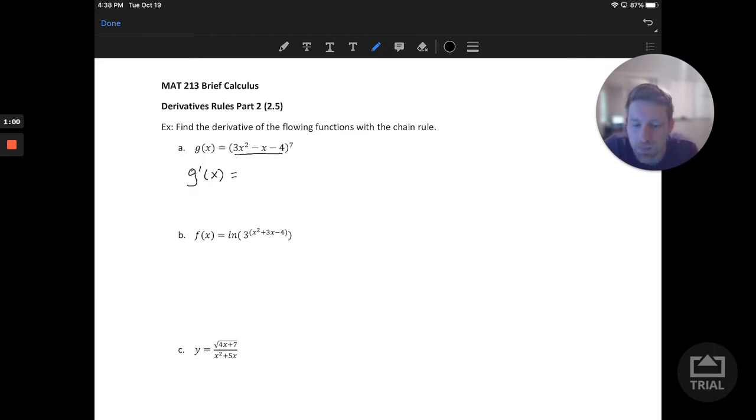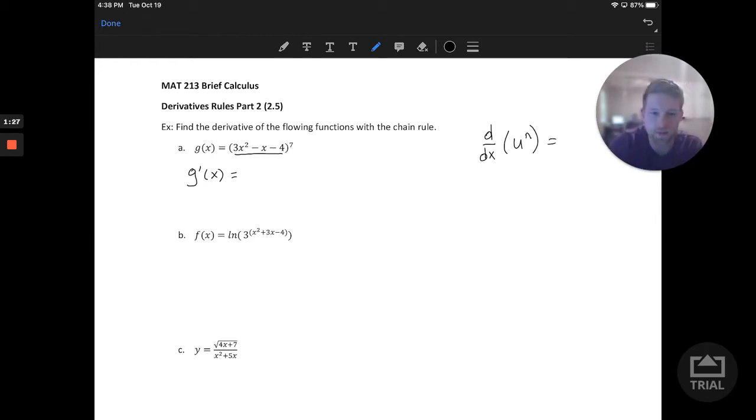So one way we can apply the chain rule is just by considering the generalized rule. If I have any function of x raised to some n power, so let's just say there's a function u, where u is a function of x raised to the n power.